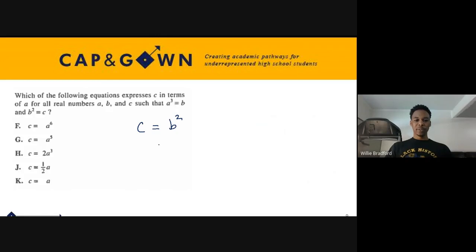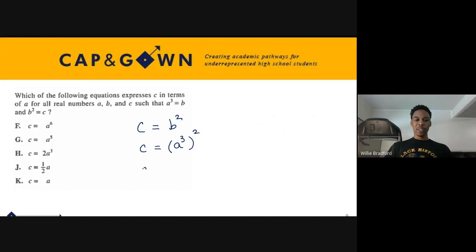All right, well, what is B squared equal to? Or what is B equal to? B is equal to A cubed. So B was replaced with A cubed, and it's still squared.